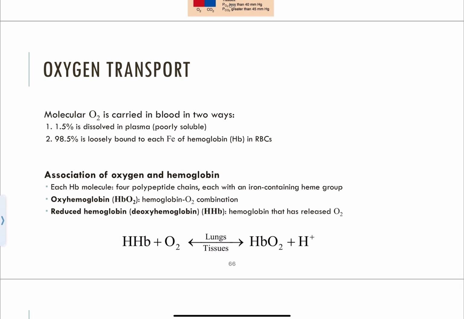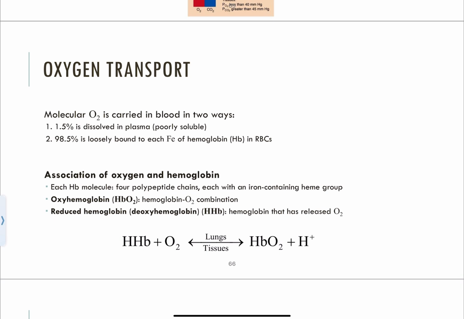There's two ways in which oxygen can be transported. One way is bound to hemoglobin, more specifically the iron atom in each globulin chain within an erythrocyte itself. And the second way is just the gas dissolved in our blood plasma. But remember that oxygen is very poorly soluble in water, which is basically what our blood plasma is.